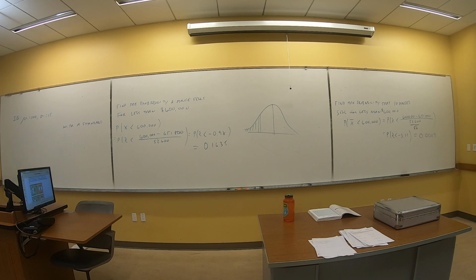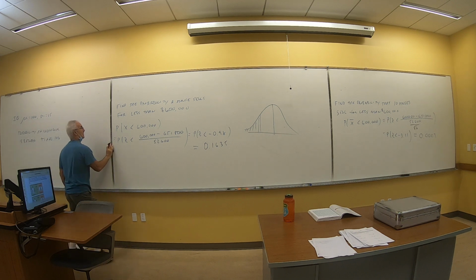So if the average human being has an IQ of 100 with a standard deviation of 15, then what's the probability an individual is between, let's say, 97 and 106? Let's find that probability.